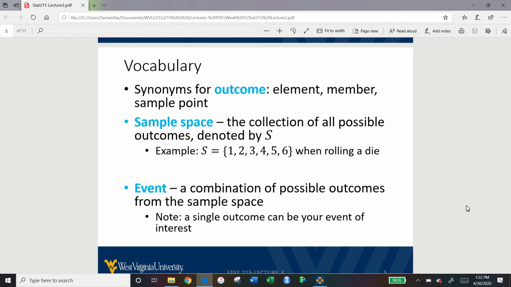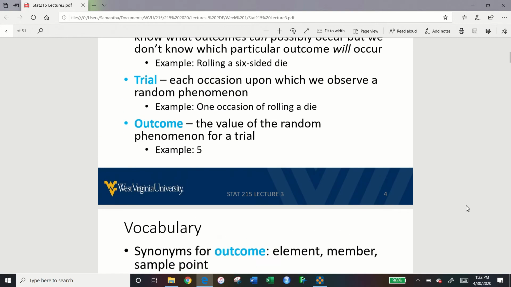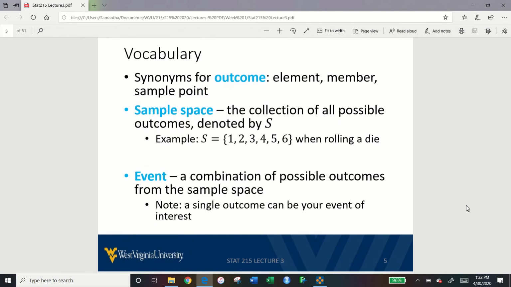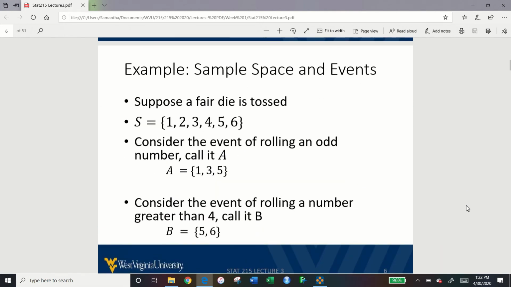And we should note a single outcome can be your event of interest. So if we're only rolling the die once, then our trial is going to be a singular event. If we're going to do it multiple times, then it can get a little more complicated.